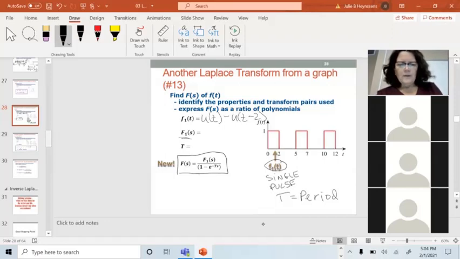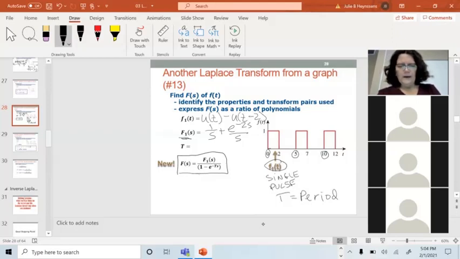So now we want to take the Laplace transform of f1 of t, and that would just be 1 over s minus e to the minus 2s over s. So that's already over our common denominator. Our period is how long it takes to repeat, and it looks like it repeats going 0 to 5 to 10.